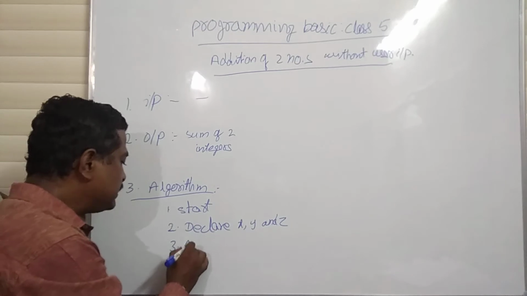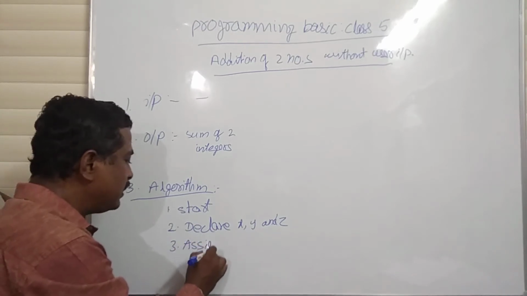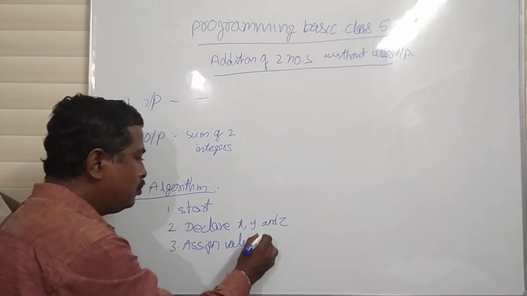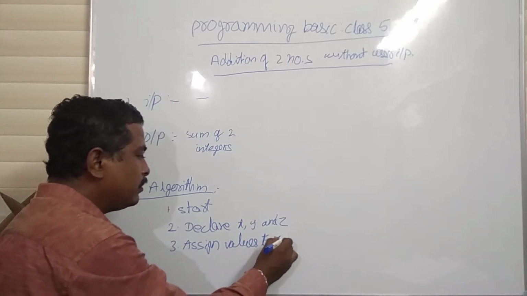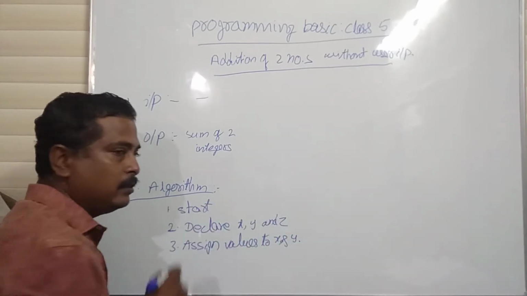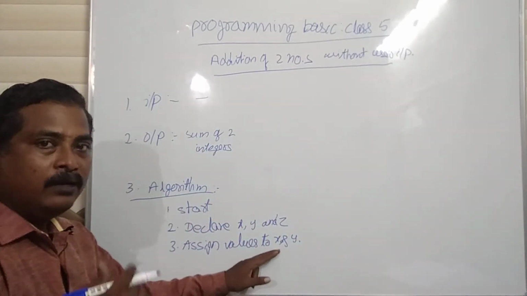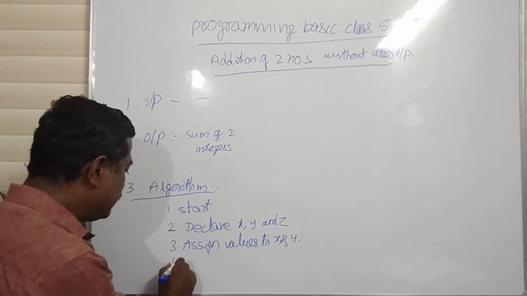Now assign values to x and y, as we are not giving any input. As we are not giving any input, first we have to take the values of x and y, then calculate z.